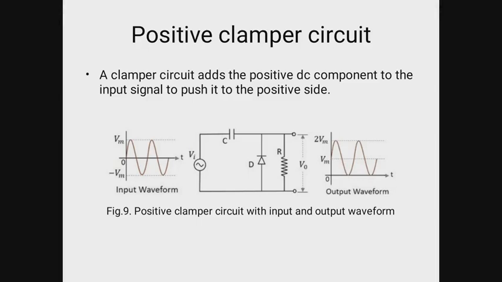The upper portion will be negative and the lower portion will be positive. That means the diode is in conducting state and the capacitor will be charging through this path. But in the positive half cycle, no current will pass because the diode is in reverse biased mode.